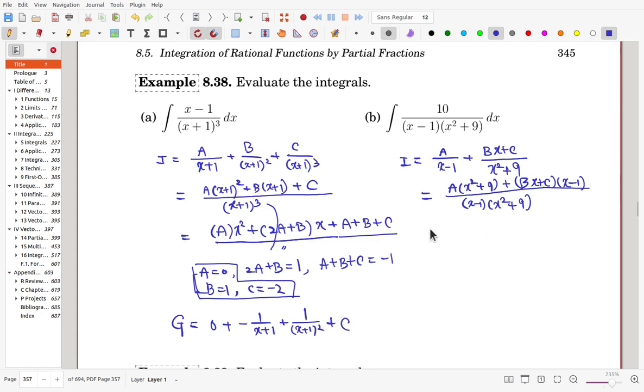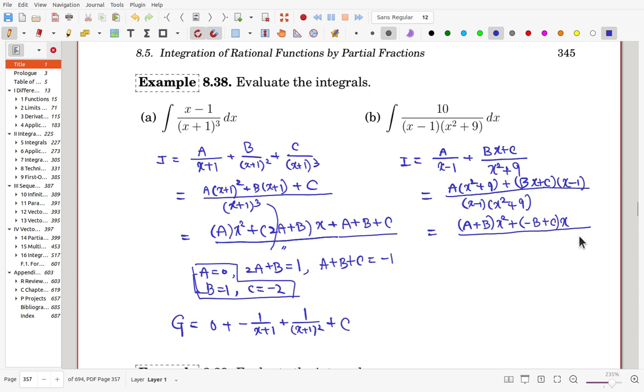Okay, so here the coefficient of x squared is a, and from here plus b, so x squared. Now for the x term, nothing from here. From this one we have minus b plus c, so minus b plus c times x.